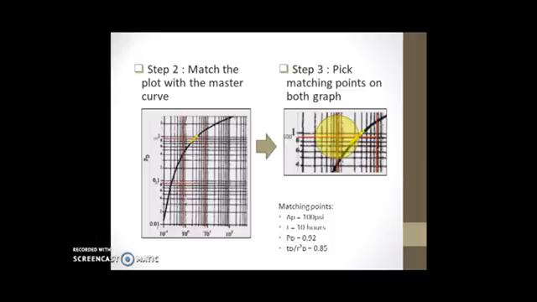So from the matching point, we get delta P equal to 100 psi, T equal to 10 hours, PD equal to 0.92, and TD over RD squared equal to 0.85. We take this point and proceed to step 4, which is calculating permeability and porosity.